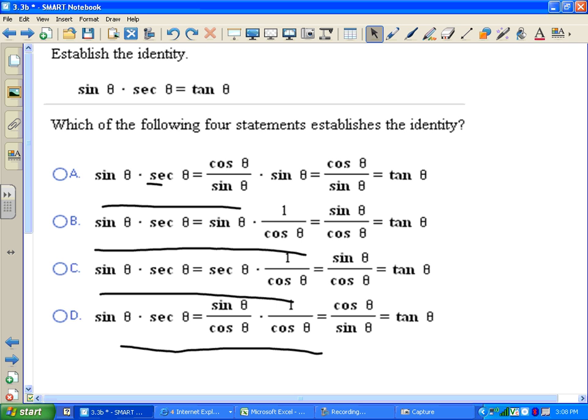And that doesn't really make sense. But then on the next one here, they went from secant of theta to 1 over cosine. Same thing on the third choice. They went from secant to 1 over cosine. Same thing here. So what they're doing is they're using the strategy there of changing everything to sine and cosine.